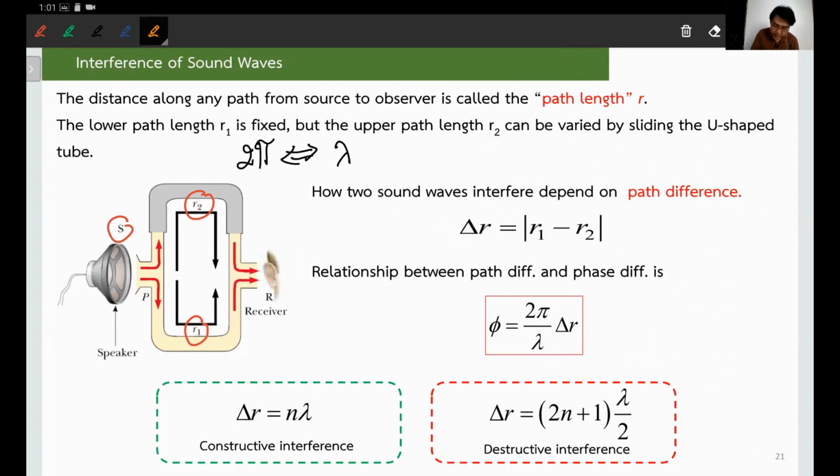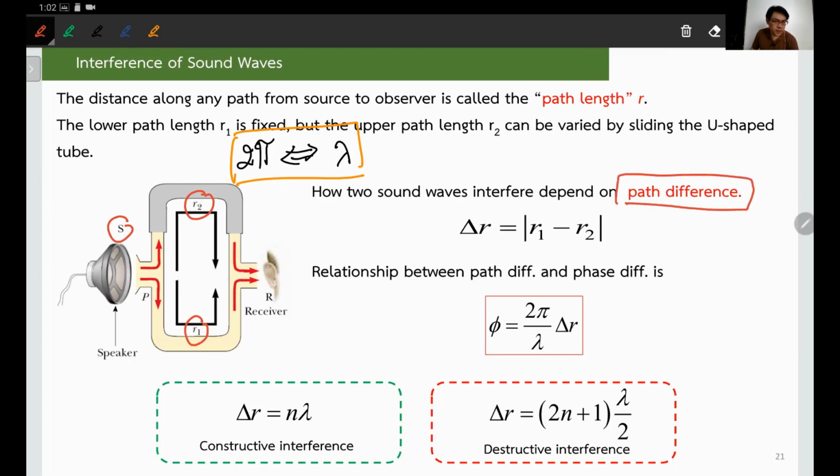So the key point is, if you want to turn the phase difference into length, you just use this conversion factor. So here we go. What I'm doing is, I just want to turn the path difference.